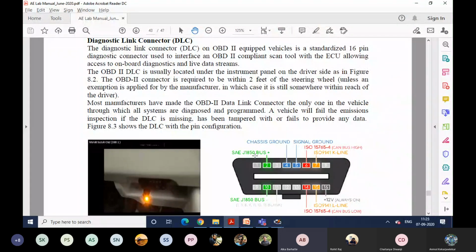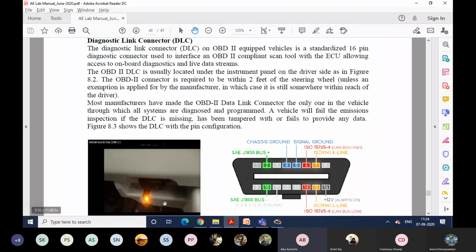The diagnostic link connector is the standard 16-pin port or connector used to interface with your OBD2 compliant scan tools. This picture represents where exactly you can find the OBD2 port in your vehicle.